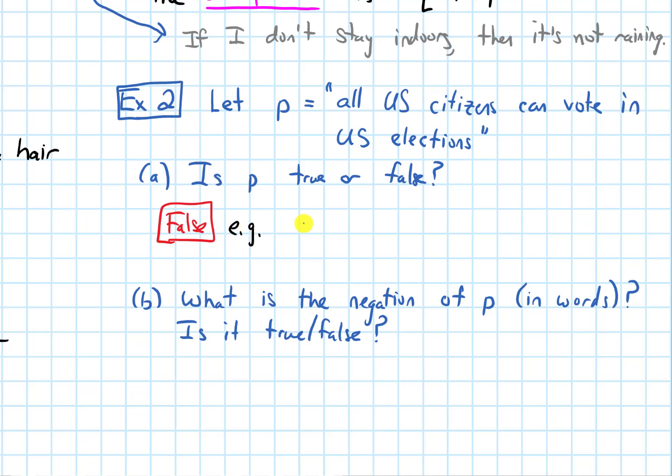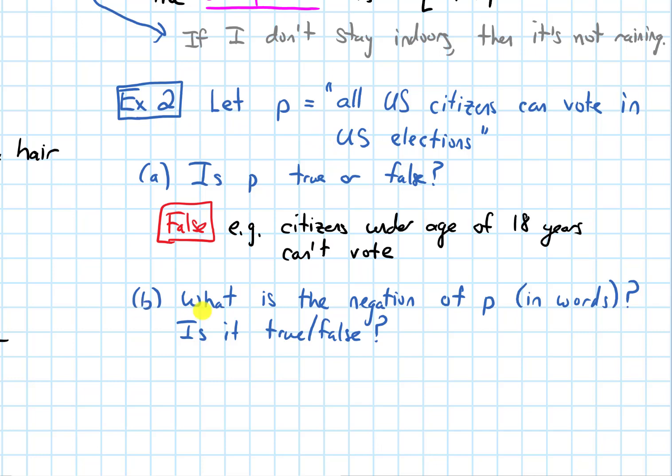For example, citizens under the age of 18 can't vote. Another example is US citizens who live in US territories like Puerto Rico. They can't vote in, for example, presidential elections.